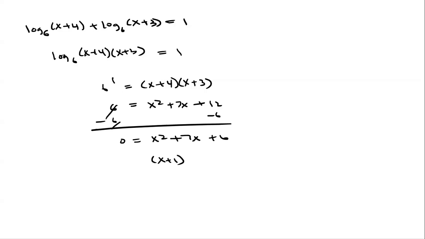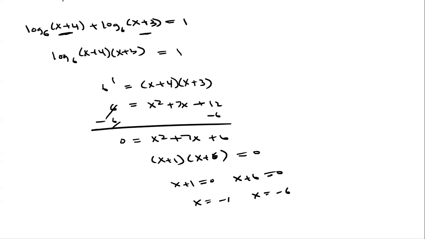So x plus 1, x plus 6 equals 0. Set them both equal to 0. So x equals -1 and x equals -6. Hold on. So both of them are not going to work because they're both negative? Well, that's not necessarily the case because now this moved, right? The log function moved. In this case, this one moved to the left, and also this one moved to the left.